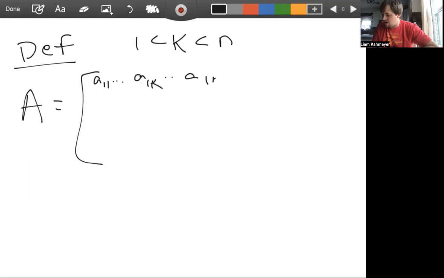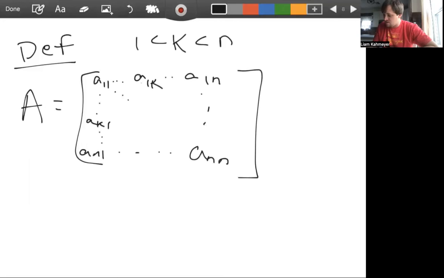And then we would have A1n, Ann. Down the first column vector, we would have AK1 somewhere, An1, et cetera. And then along the diagonal somewhere, we would have AKK. Okay.